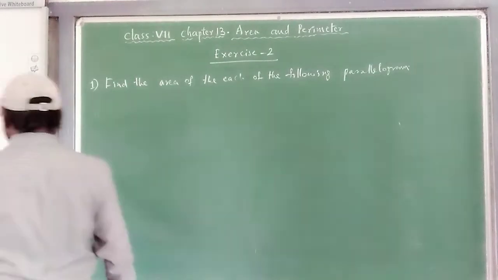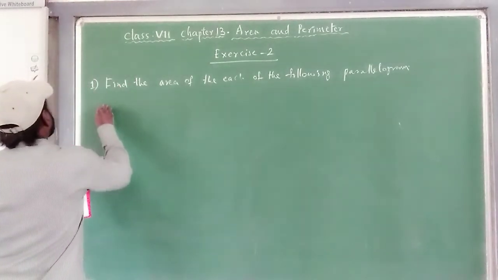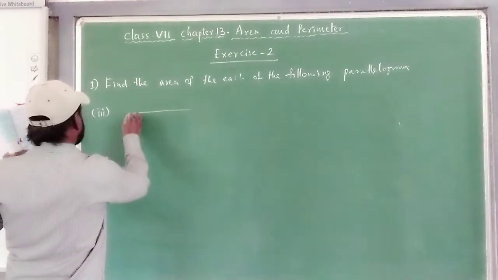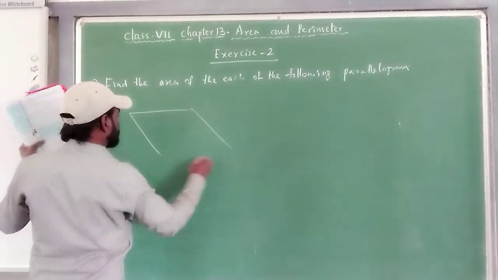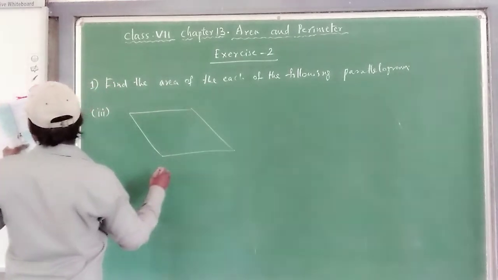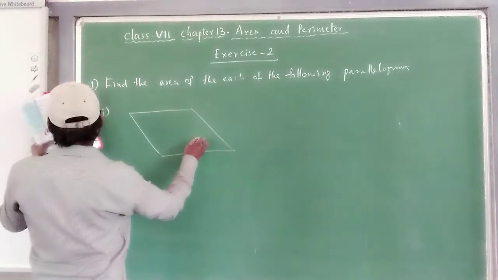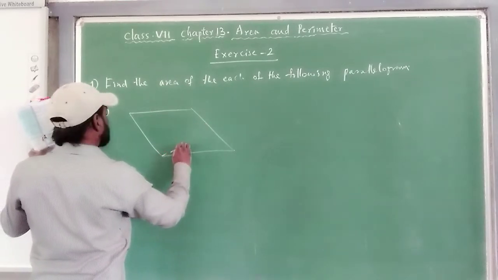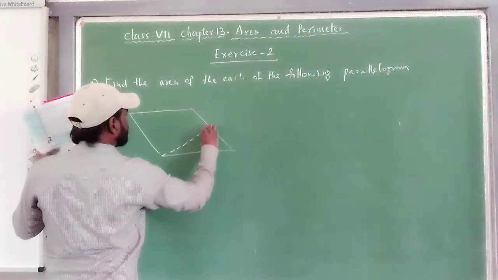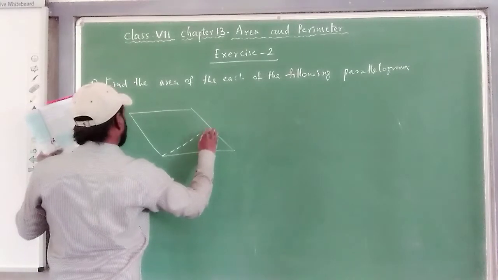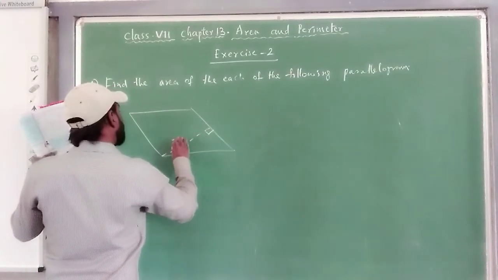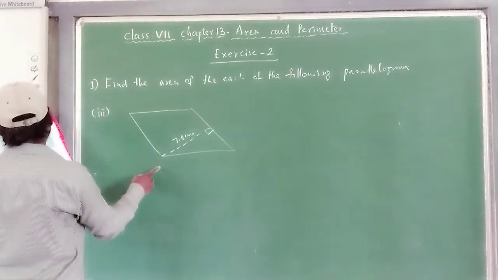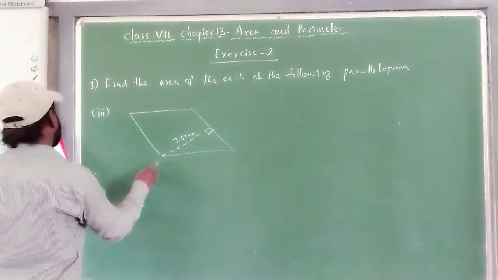The next figure is given like this. In this, the perpendicular distance is given like this, which is 7.6 centimeters. If you consider this as base, that is 5.1 centimeters.